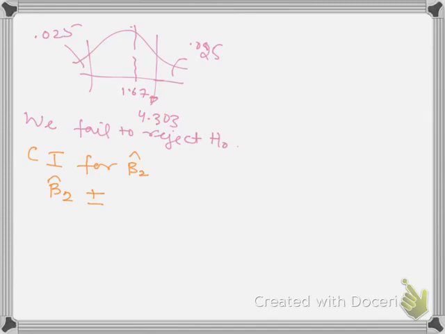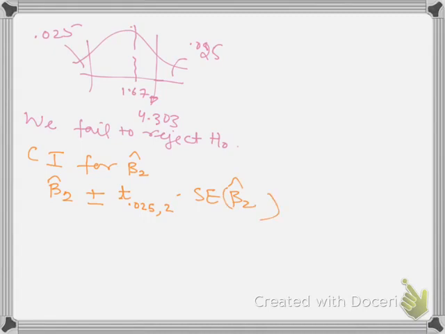It should have come from Z, but because we don't know sigma, we replaced it with S, so we are taking t 0.025, and because it's a small sample, we're taking t. If it was a large sample, after 30, this t would start to look like normal. With n minus 3 degrees of freedom, times the standard error of beta 2 hat.